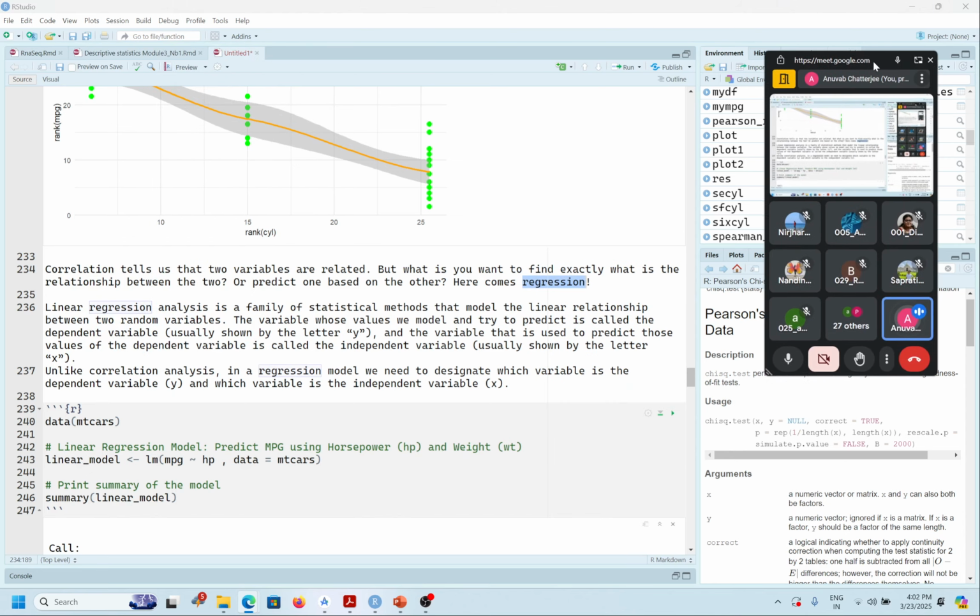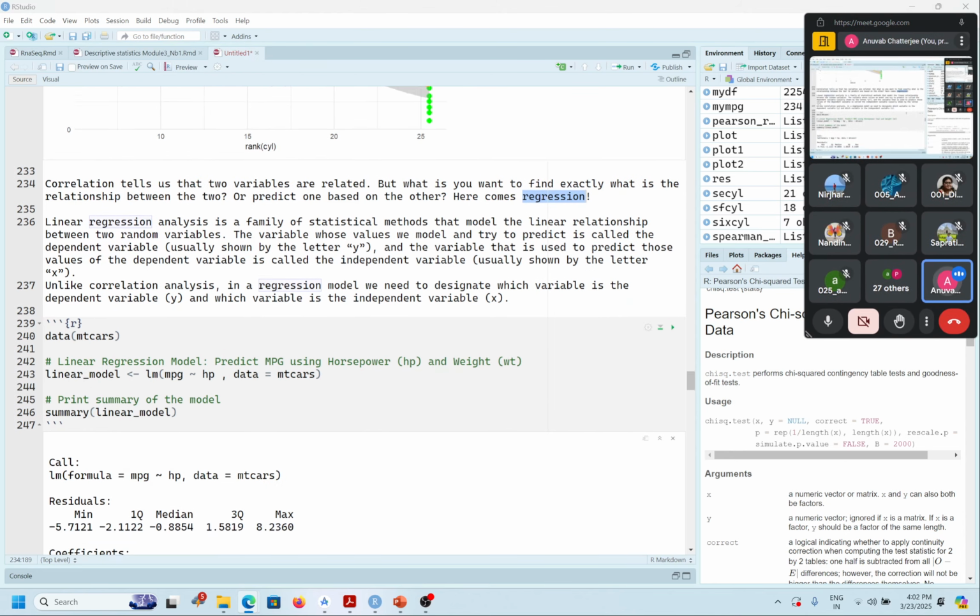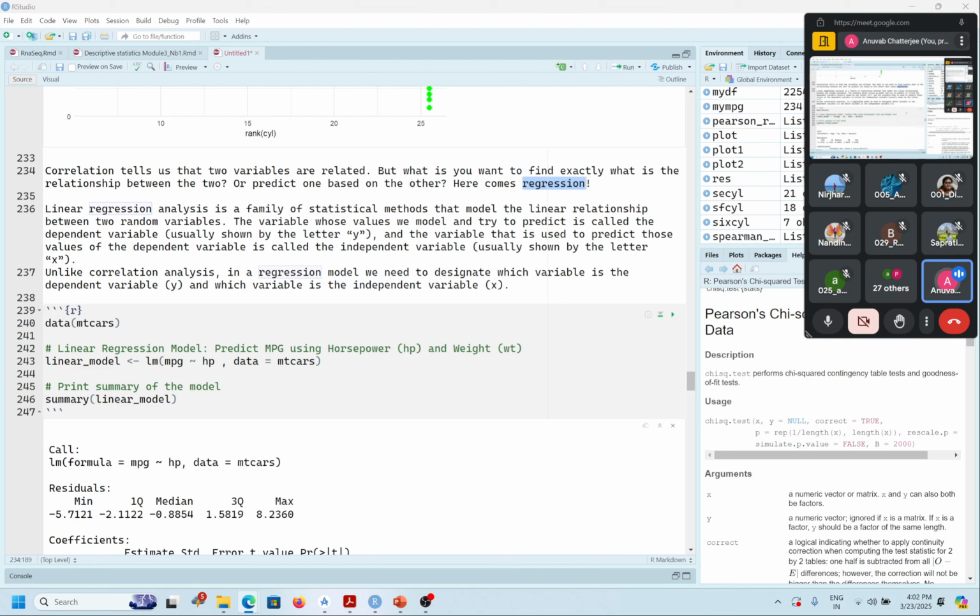So how do we go along this? You say, actually I want to figure out the regression line. So when you do a regression analysis, you find a regression model or a regression line to predict the relationship between two different variables.